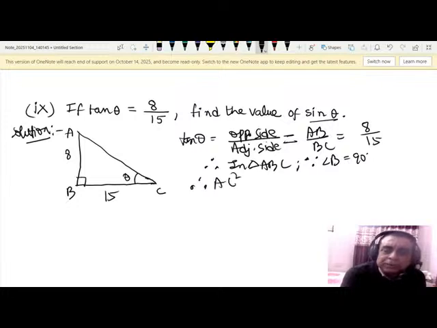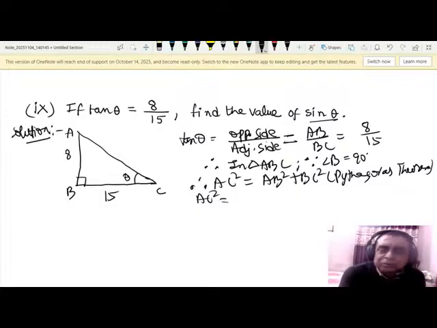So AC squared value will be AB squared plus BC squared. We call it Pythagoras theorem. Okay, so the length of AC squared is AB squared. Its value is 8 squared, plus BC squared, which is 15 squared. So 8 squared is 64.